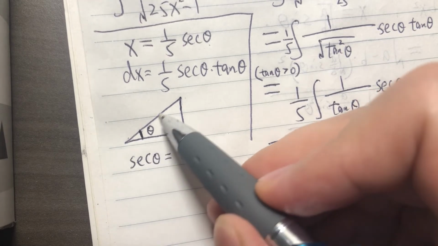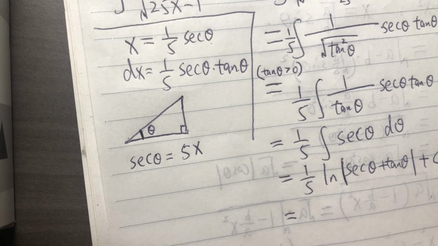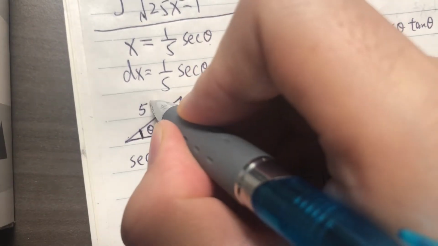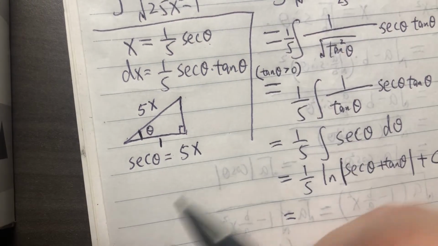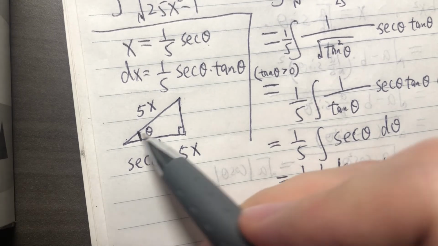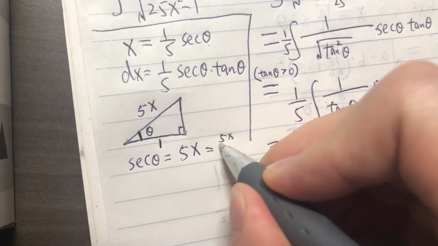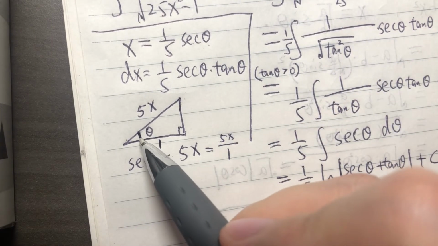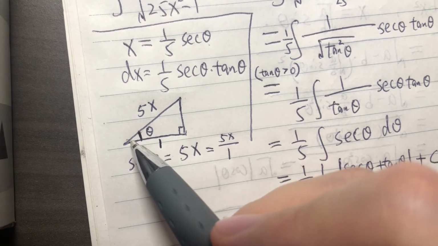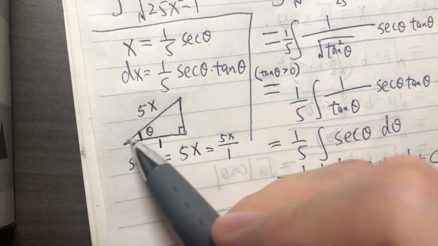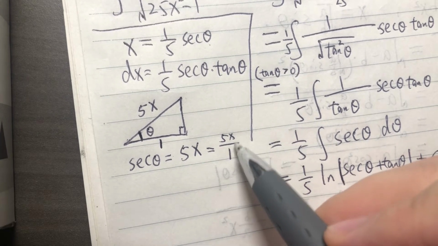Basically, secant is hypotenuse over adjacent. So this is 5x, and this is 1. So secant theta is 5x over 1.